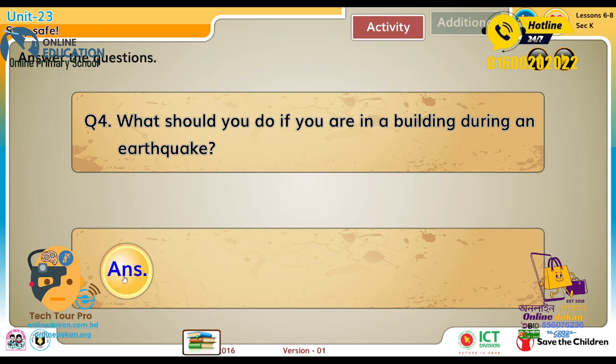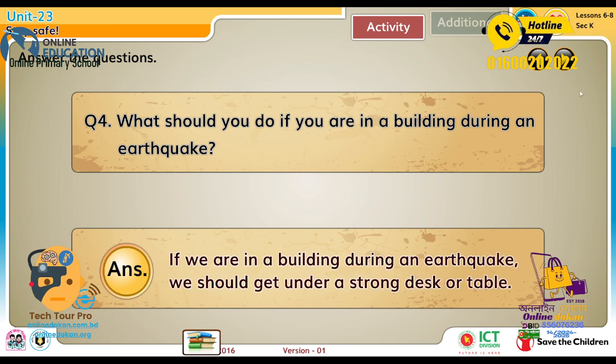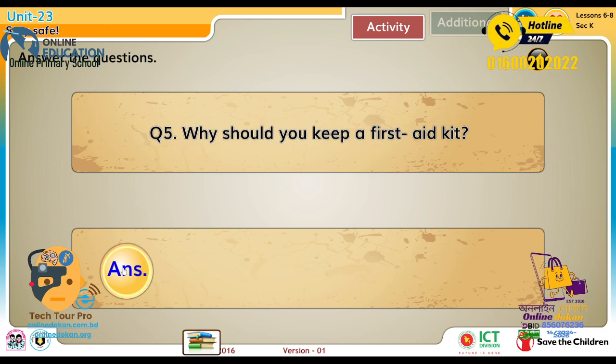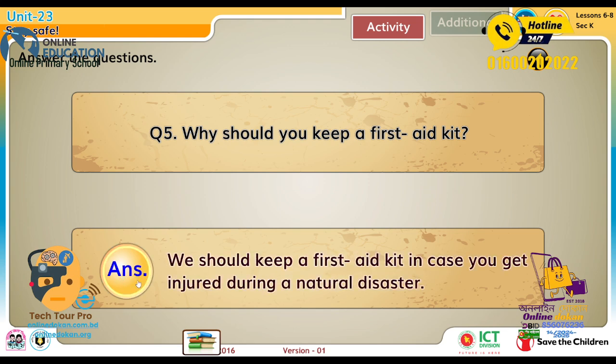What should you do if you are in a building during an earthquake? If we are in a building during an earthquake, we should get under a strong desk or table. 5. Why should you keep a first aid kit? We should keep a first aid kit in case we get injured during a natural disaster.